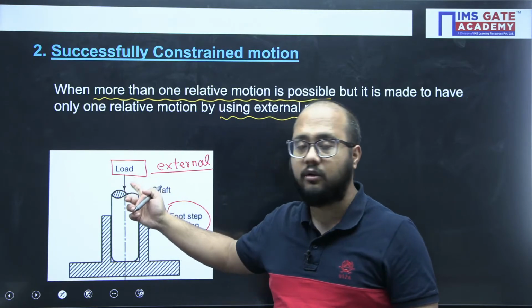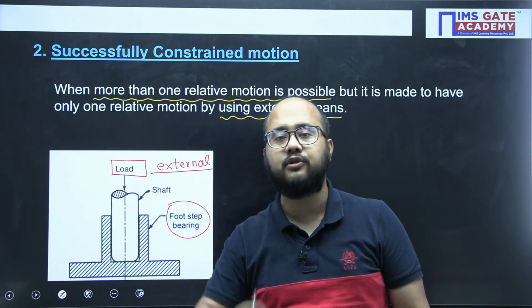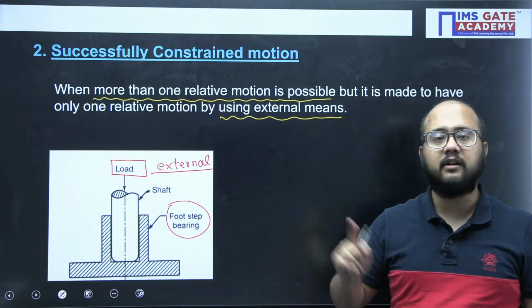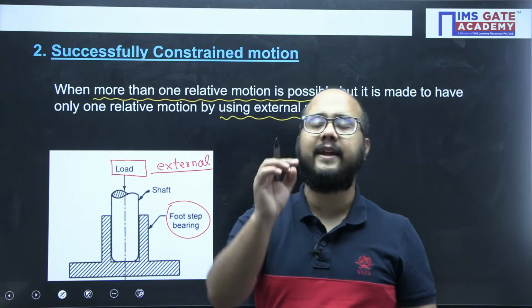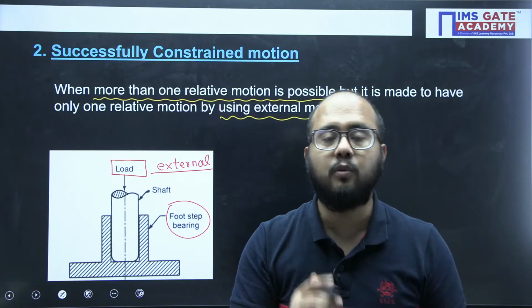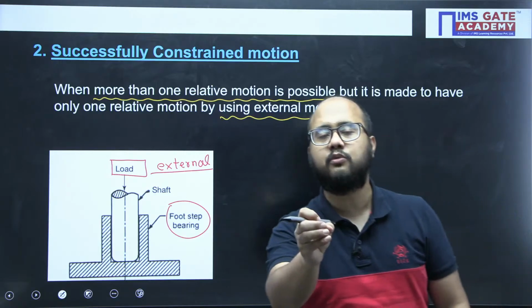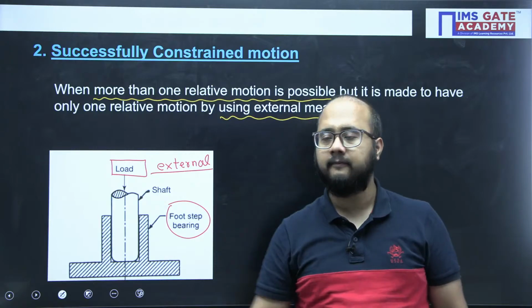If I remove this load, then it is not a constrained motion because it will have more than one relative motion. Is it clear? But for completely constrained, no external means is required. It is already by default a constrained motion without any need of external means.